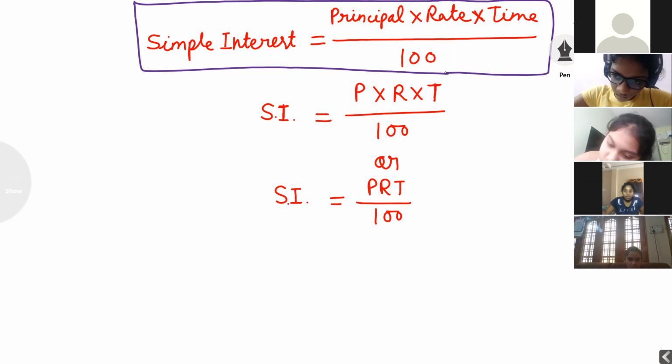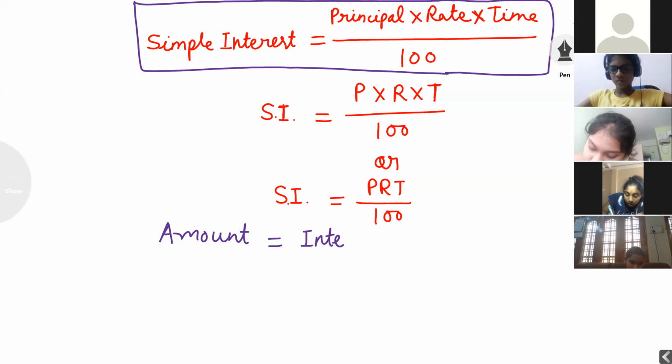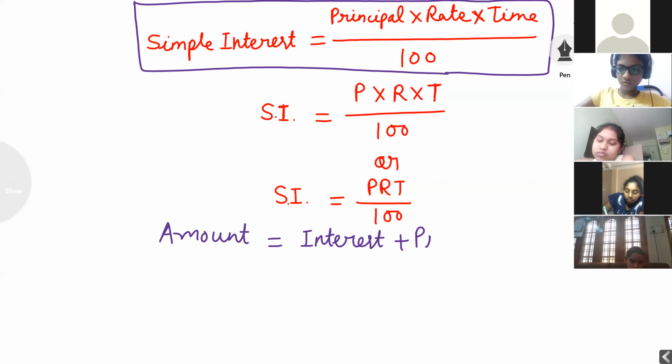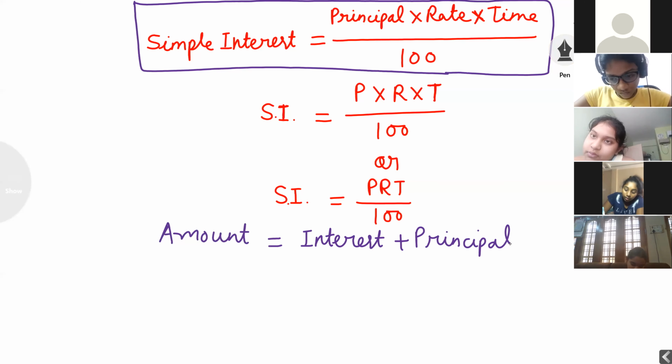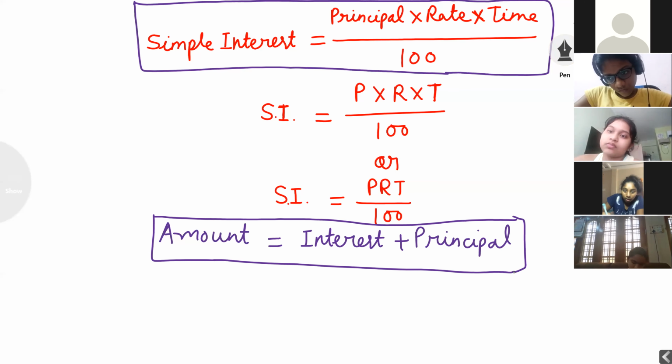Next, amount is equal to interest plus principal.